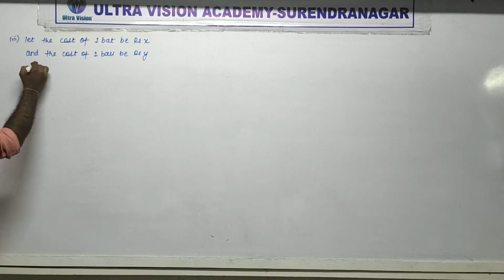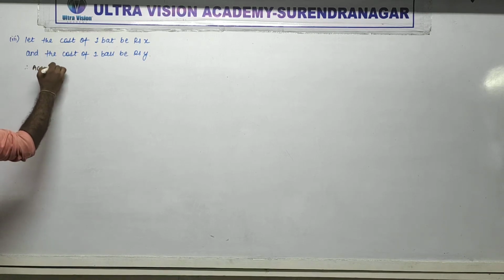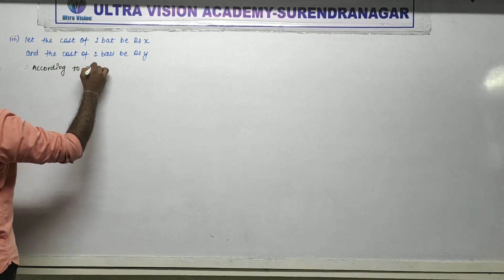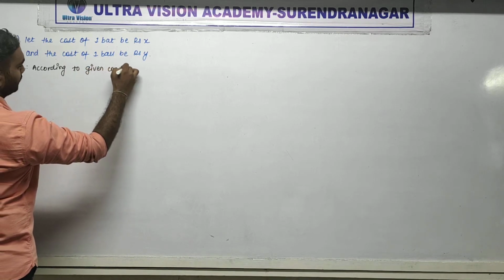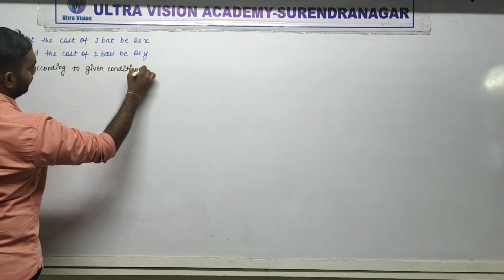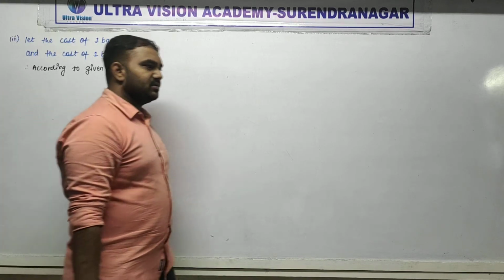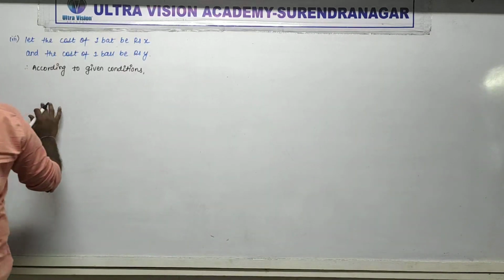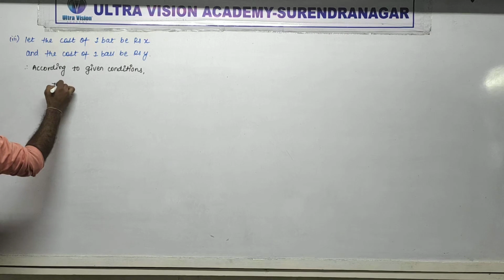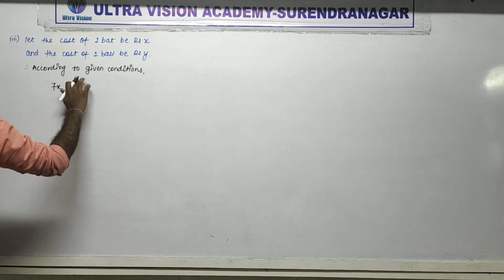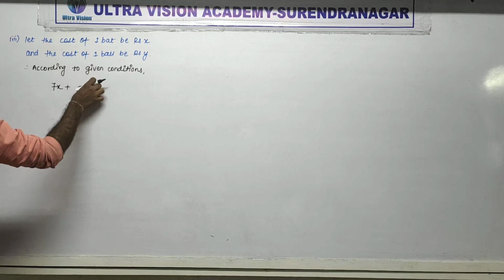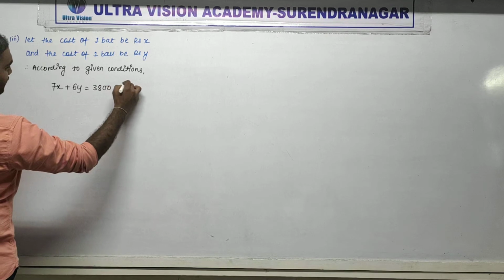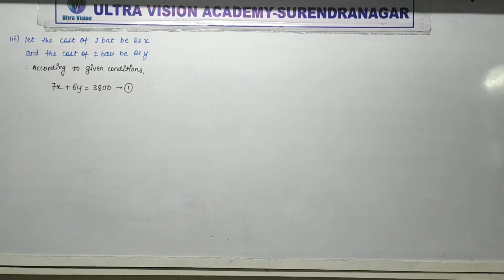Therefore, according to the given conditions, what are the conditions given to us? 7 bats and 6 balls cost rupees 3800. So 7x plus 6y equals 3800. That will be the first equation.